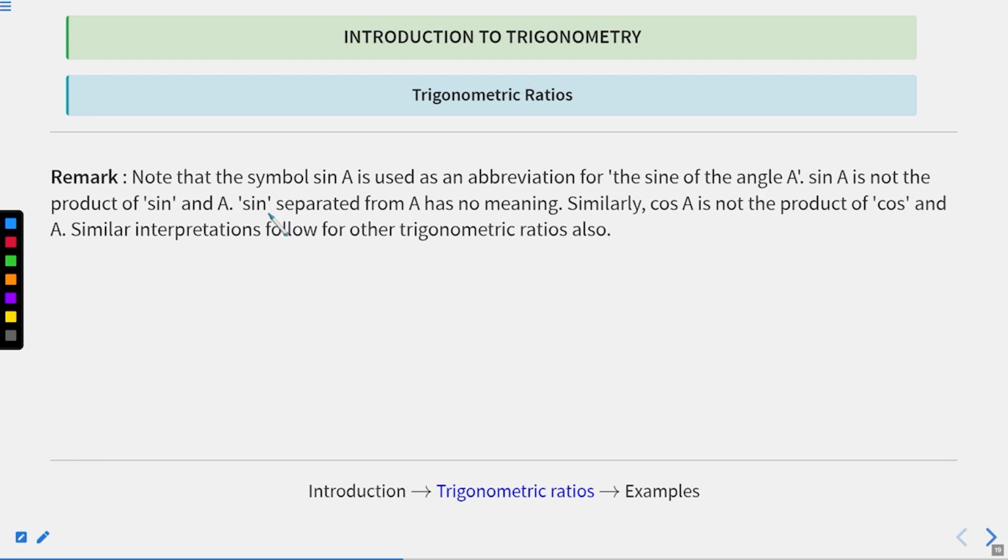So sin separated from A has no meaning. Similarly, cos A is not the product of cos and A. Similar interpretations follow for the other trigonometric ratios like tan A, cosec A, sec A.